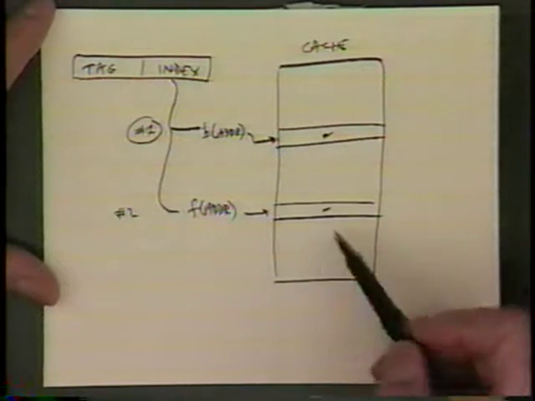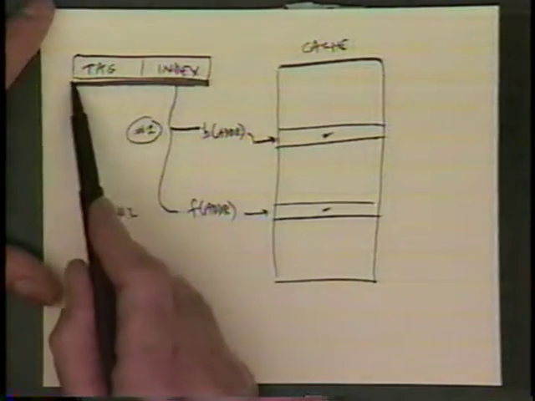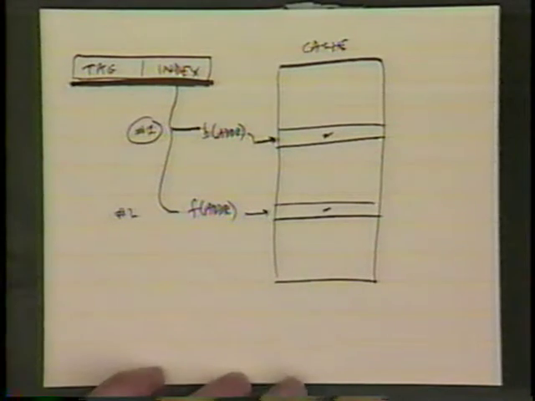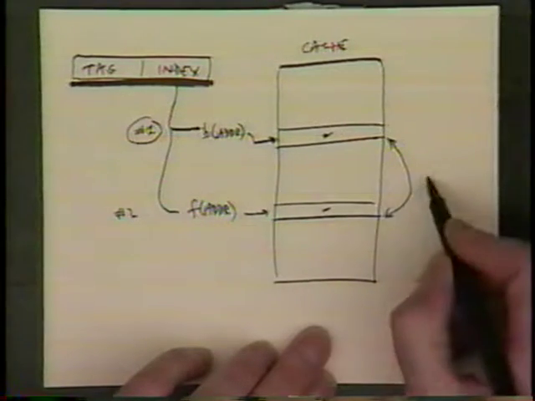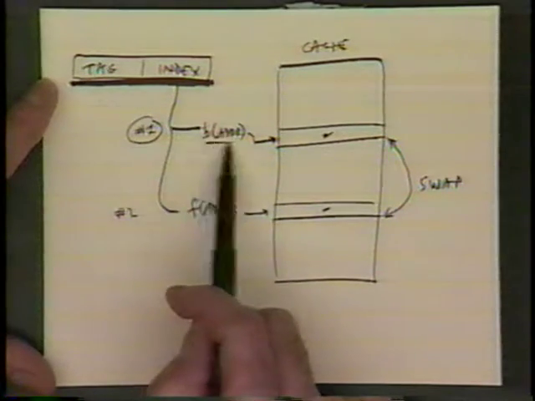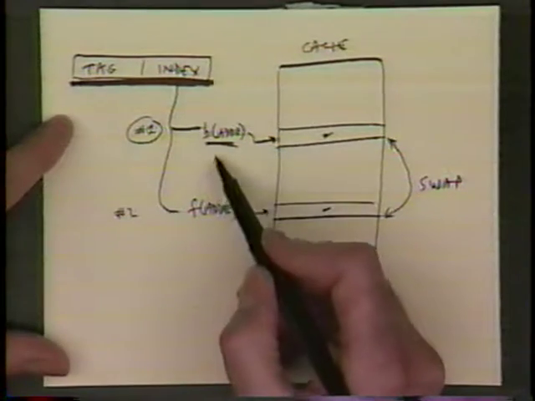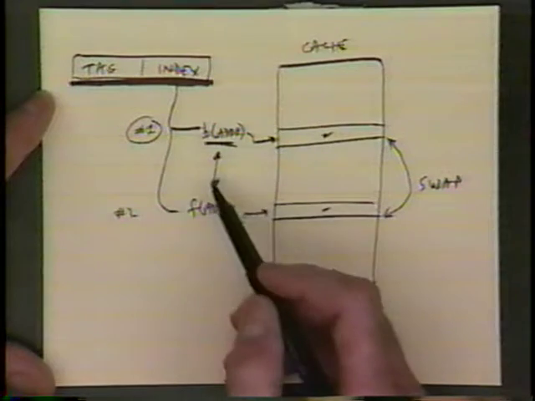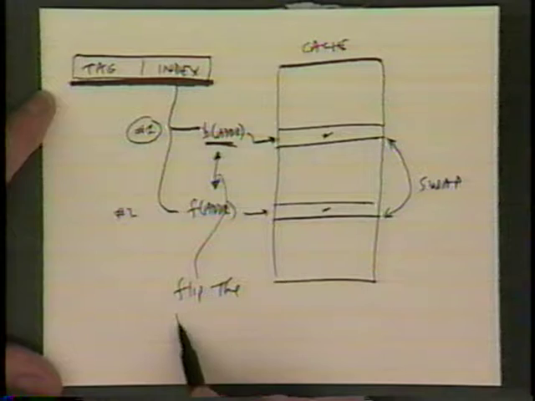Now, probably what you want to do at this point, since this address was just recently referenced, and our locality principle says that it might be referenced again in the near future, is swap these 2 entries, so that the next time you look up that address, you'll find it on the first shot, at its first location. And the relationship between these 2 functions can be something really trivial. It can be, for example, flipping the high order bit of the address.